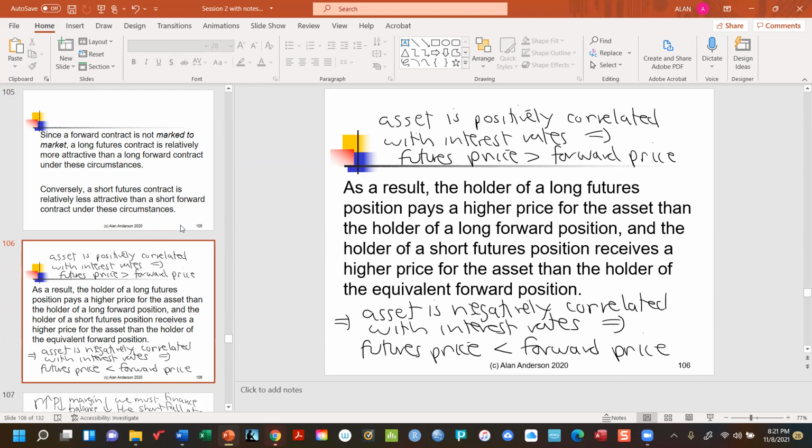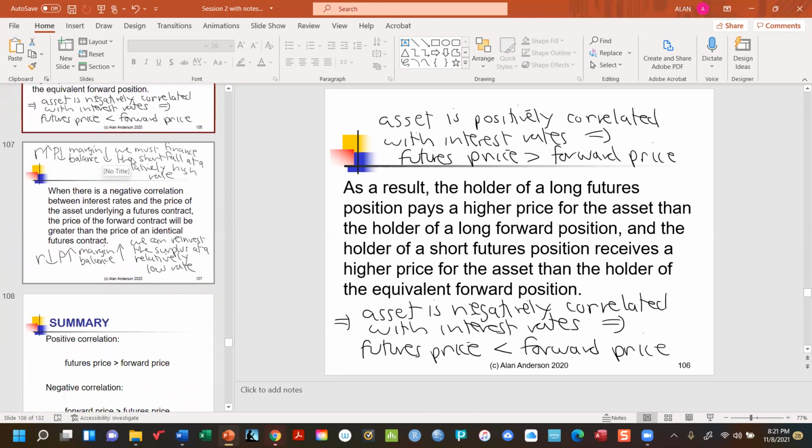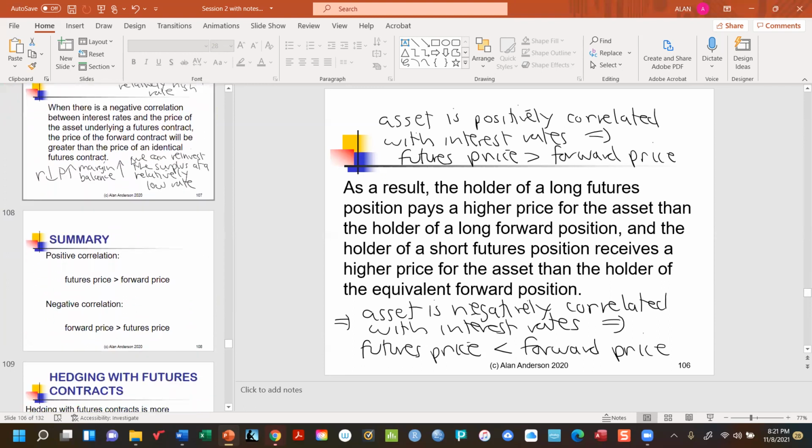So there has to be obviously the opposite. Now, if there's no correlation at all between the asset and interest rates, then the two should be the same. In other words, if the asset has nothing to do with interest rates, then there would be no reason for the futures and the forward prices to be different.